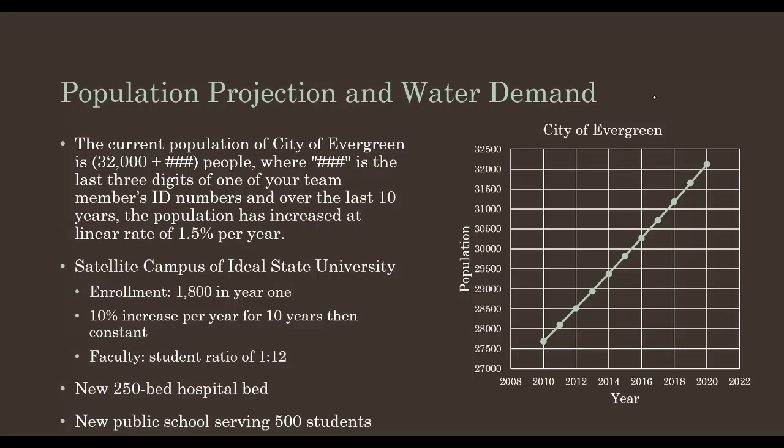We're going to assume that the plan is to build a satellite campus of Ideal State University, and the enrollment in year 1 is 1,800, and the plan is for that enrollment to increase at 10% per year for 10 years, and then it would be constant. And the faculty-student ratio is 1 to 12.